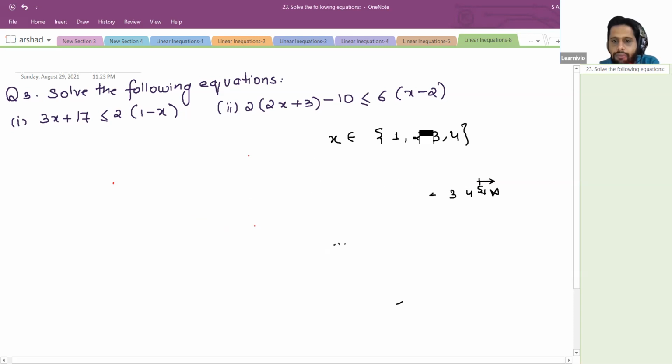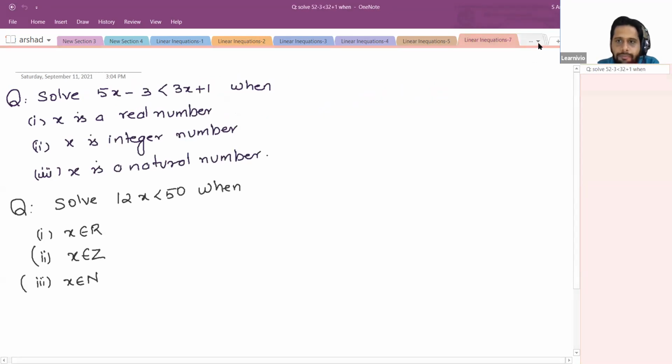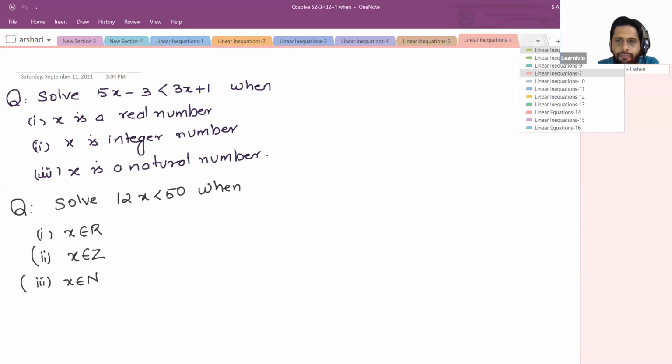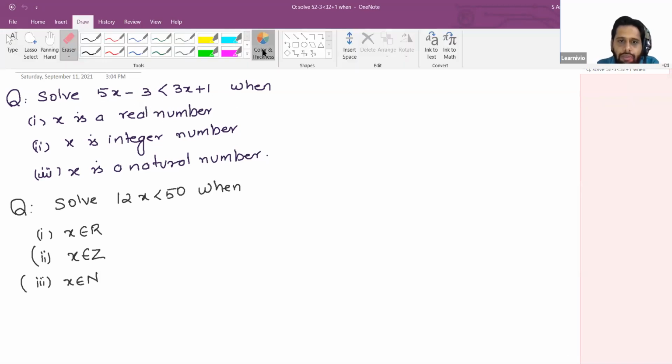Now, in every question, you need to represent the solution on the number line. Okay, so before this, we will try this question. Please try this question. First one, solve this when x is a real number. Please try this question and tell me the answer.